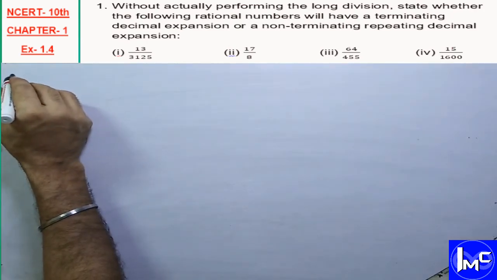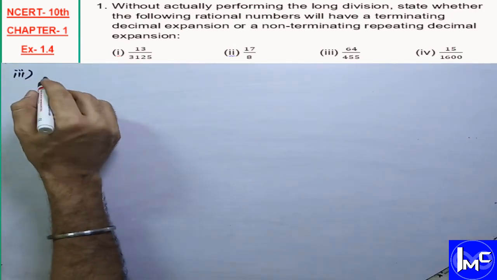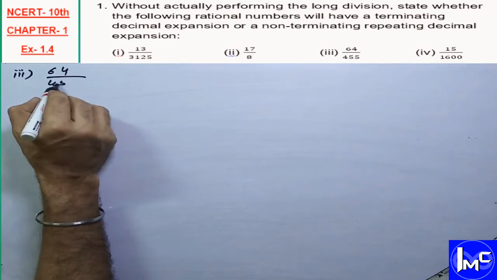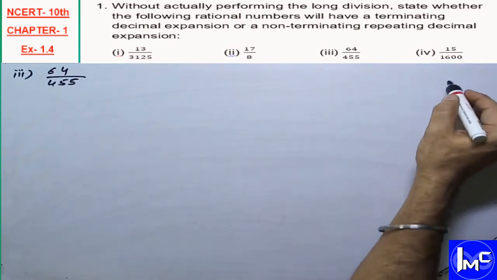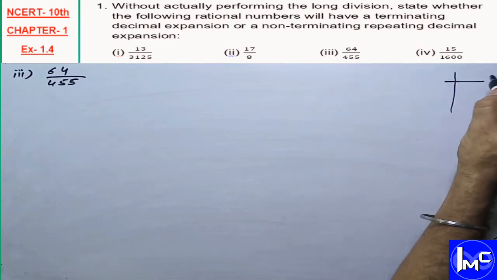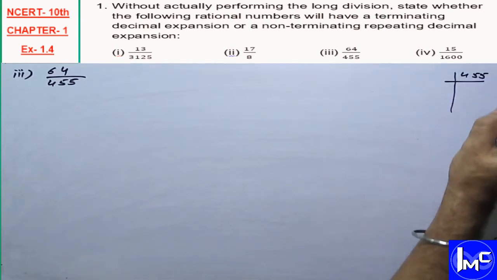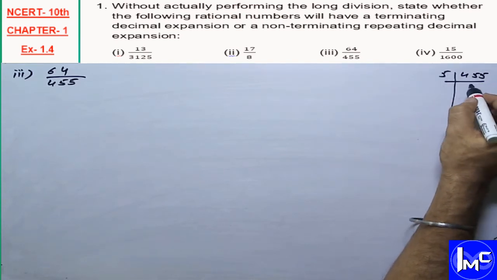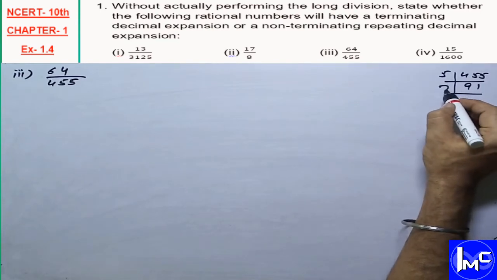Question number 3. 64 over 455. Again we shall make the prime factorization of this number, that will be 5, 91, 7, 13.